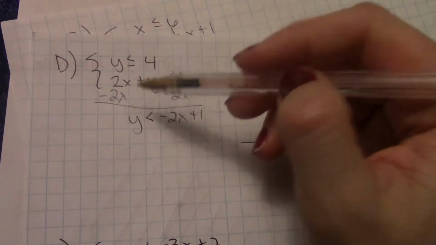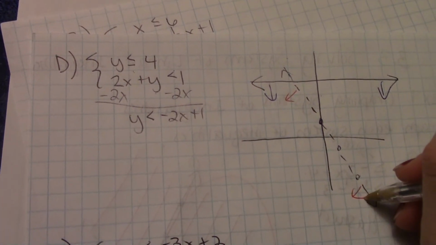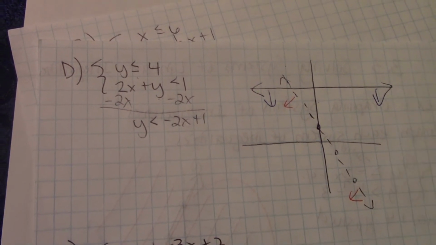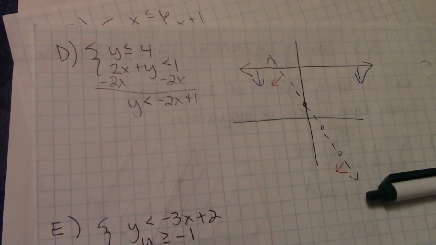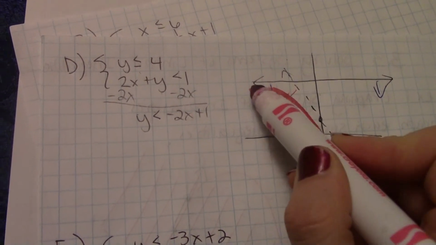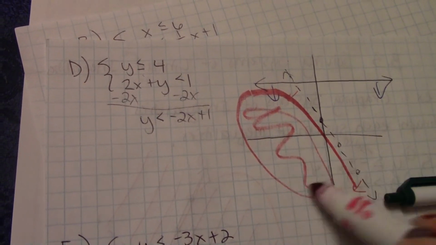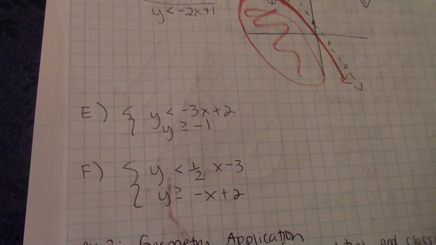And it says we need to be less than that, so less than is below. So we have this area that is right here. I'm going to trace those lines. All this area down here is our answer. Try E and F for me.